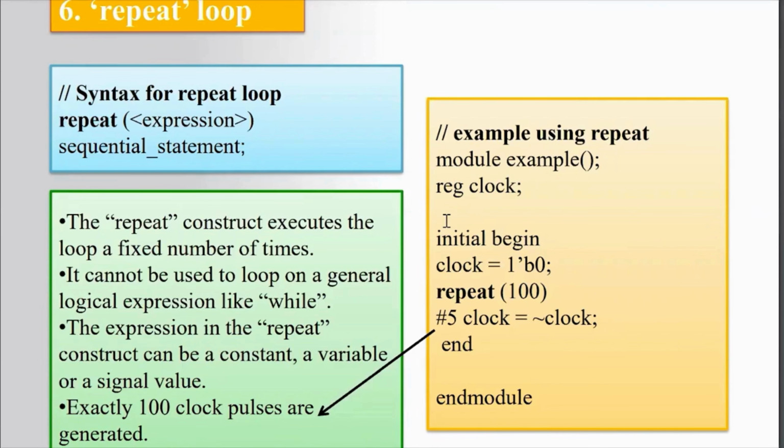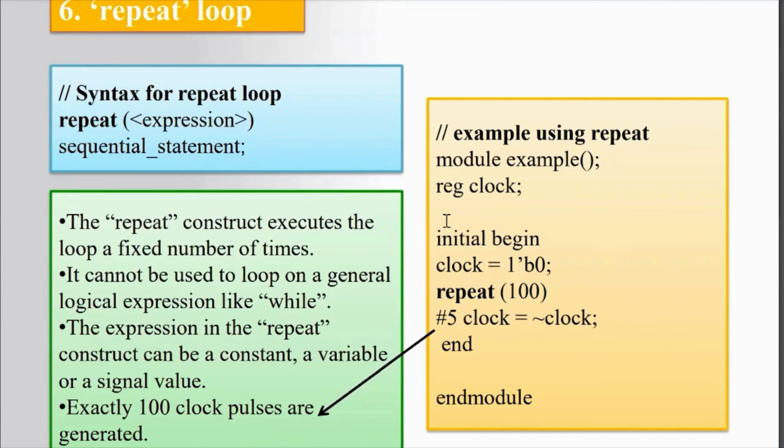And initial block is non-synthesizable, and we can only use it in test benches, not in design. Always block is synthesizable, and it is used in designs and test benches also.